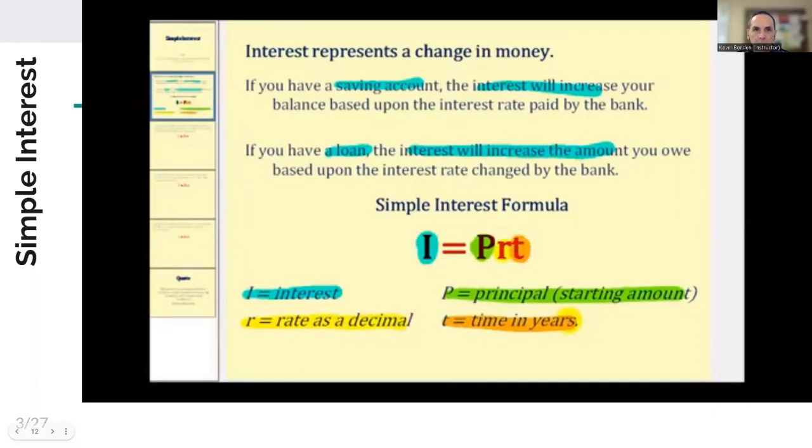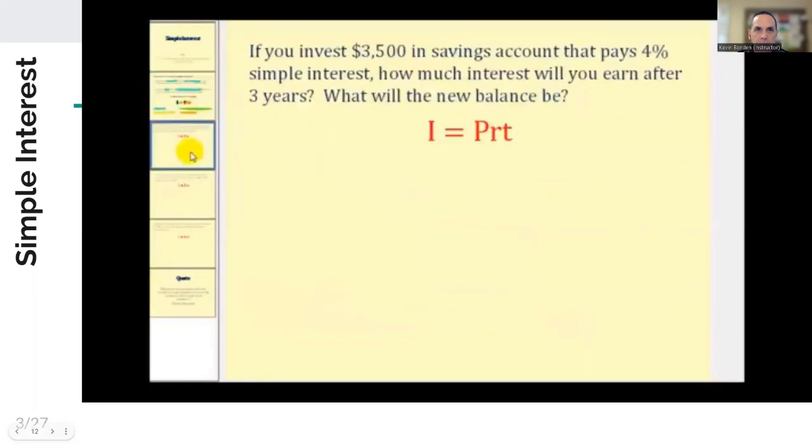Let's go and take a look at some examples. If you invest $3,500 in a savings account that pays 4% simple interest, how much interest will you earn after 3 years, and what will the new balance be? So for this situation, we're trying to find I, or the interest.